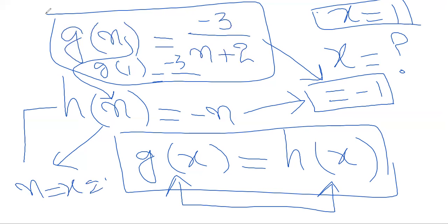Yes, when you are putting x is equal to 1, you are getting the absolute equality. If you are putting x is equal to 1, both the functions are equal.